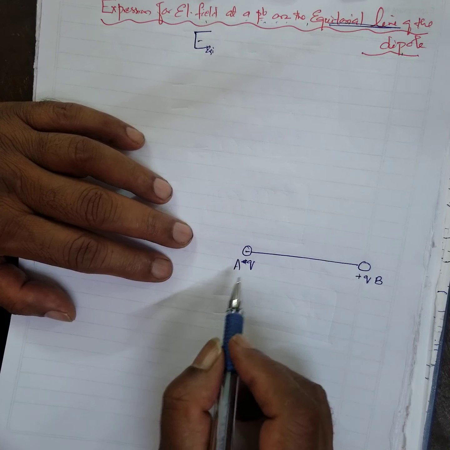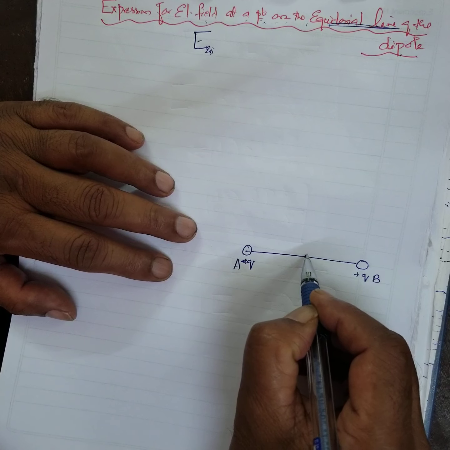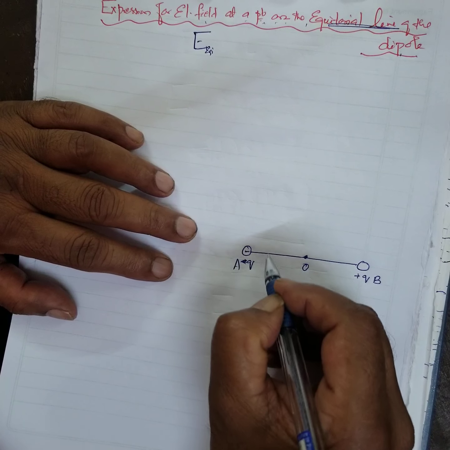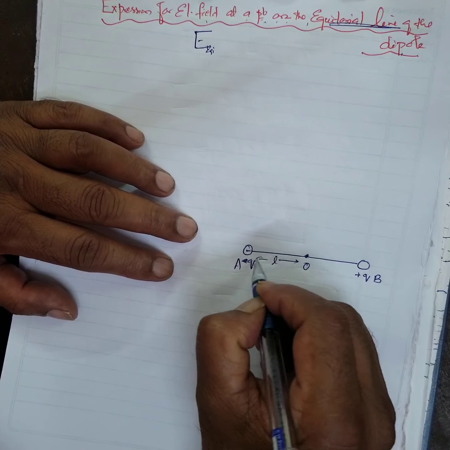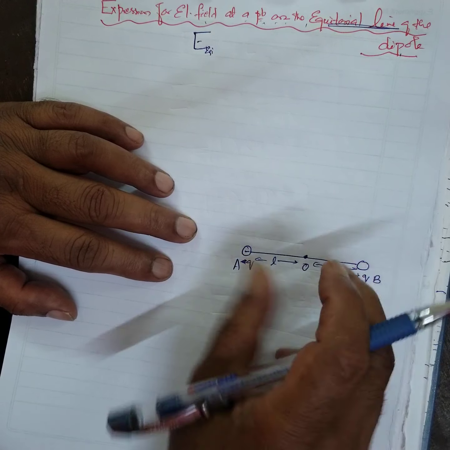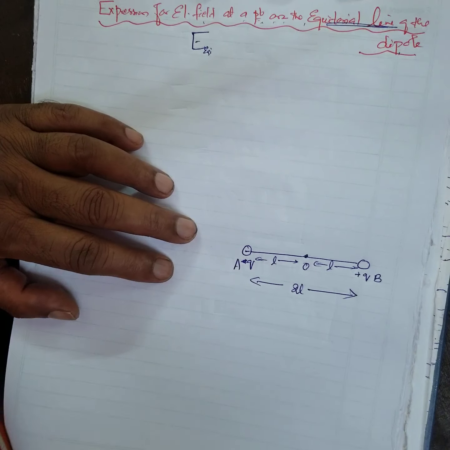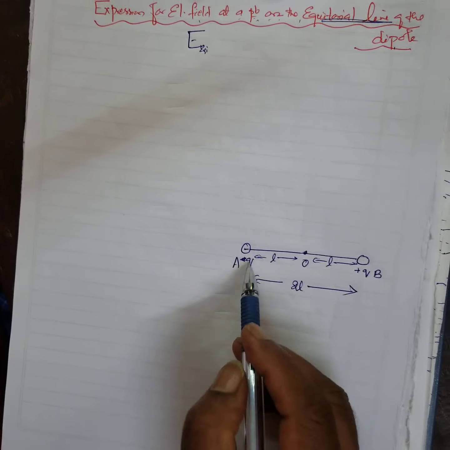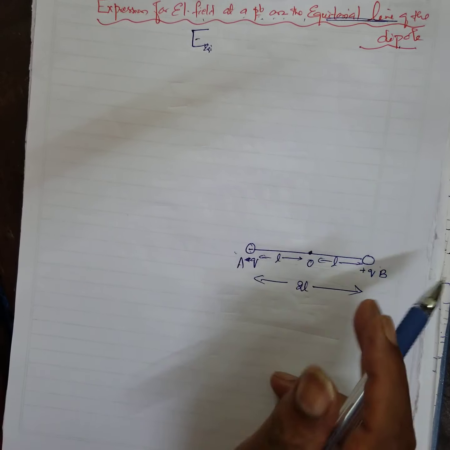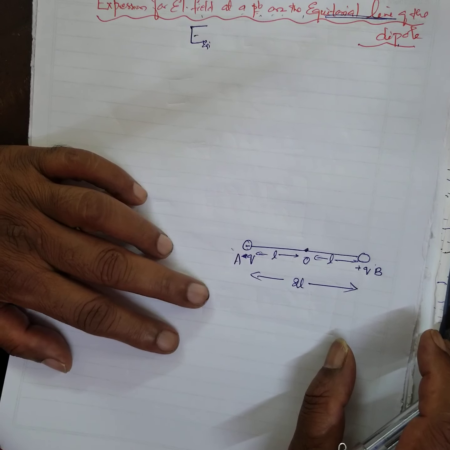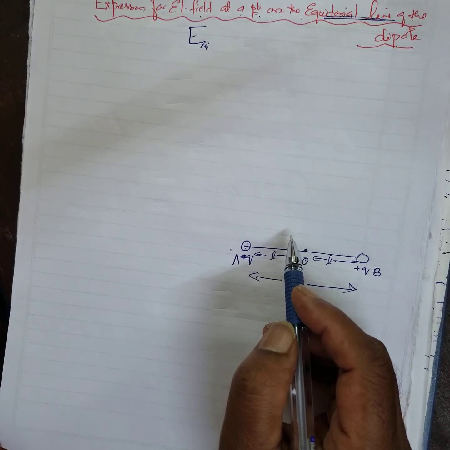All right. Now this point O is the midpoint of the dipole, and 2L is the distance between the charges of the dipole.